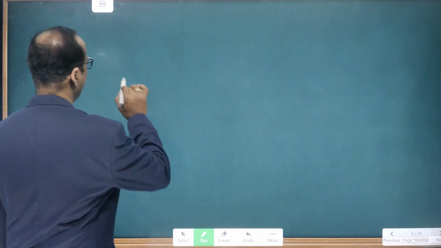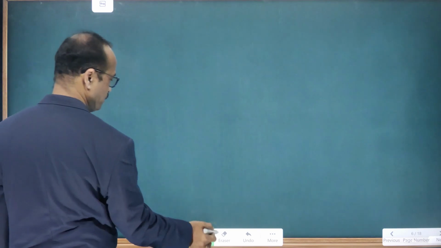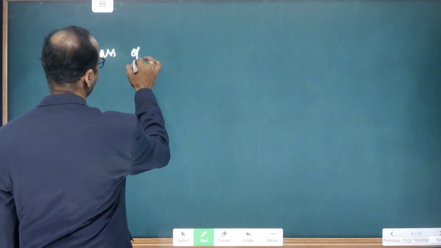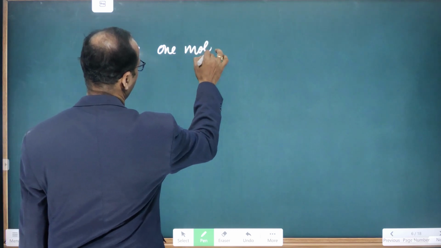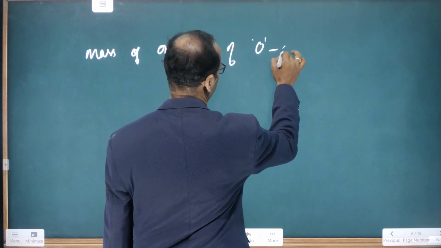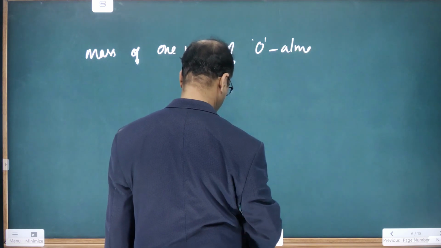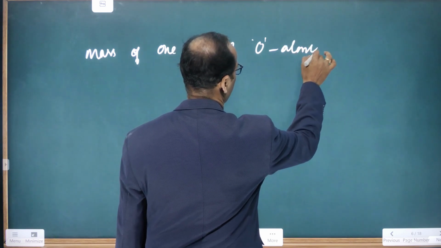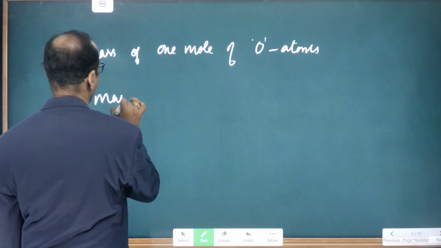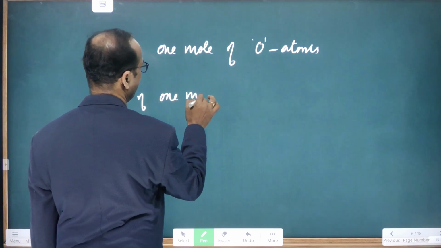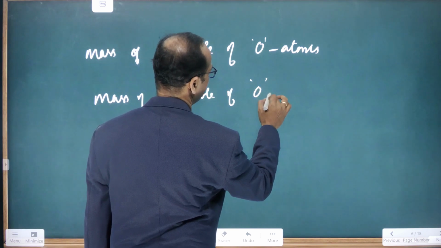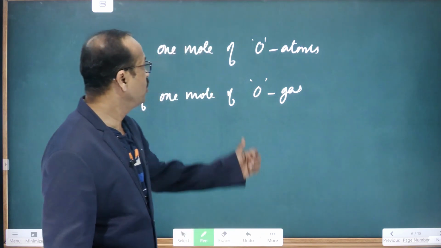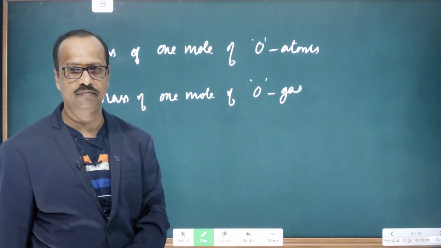If I ask you what is the mass of 1 mole of oxygen atoms, and similarly, if they ask you what is the mass of 1 mole of oxygen gas, what is the difference here? 1 mole of oxygen atoms, 1 mole of oxygen gas.